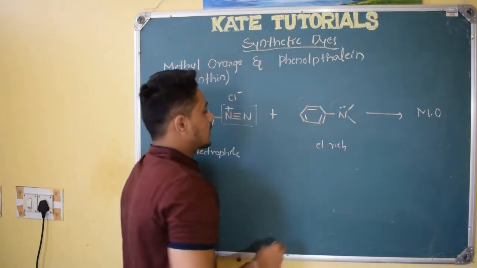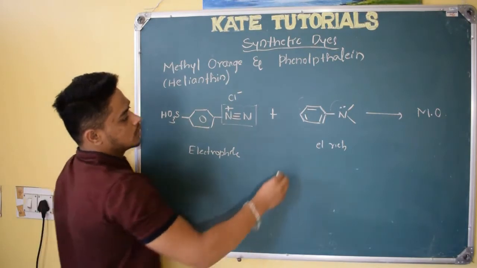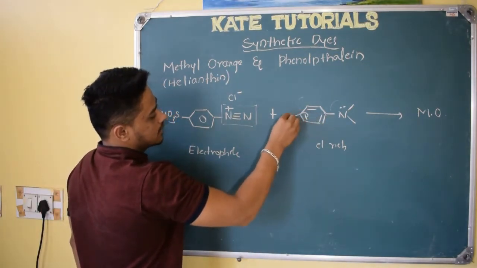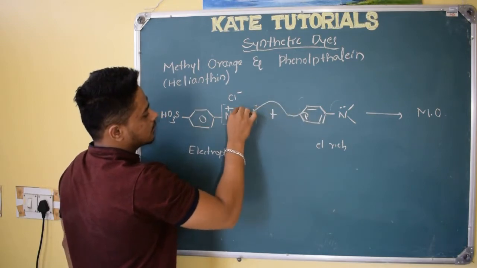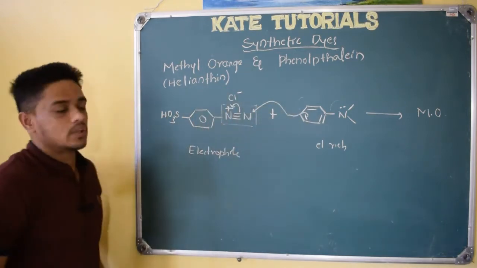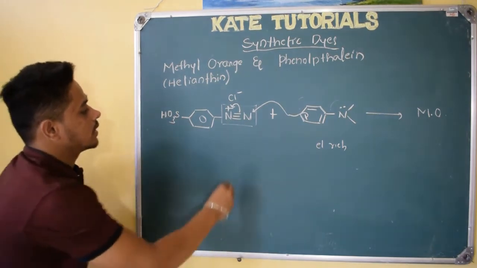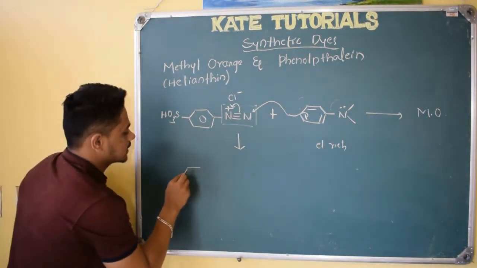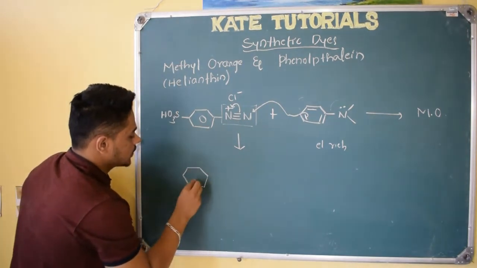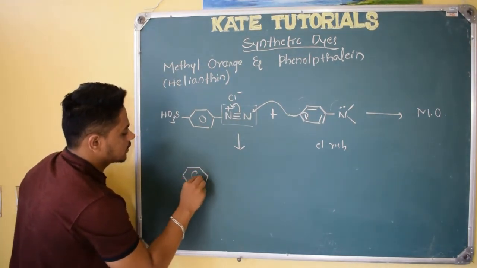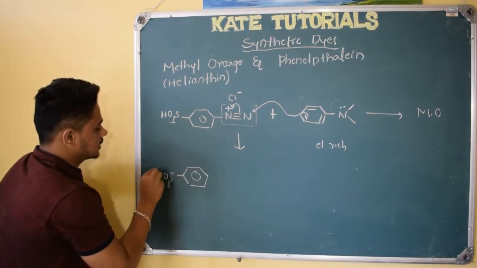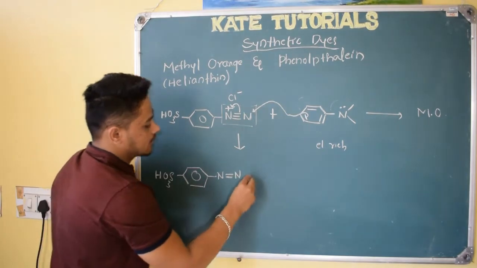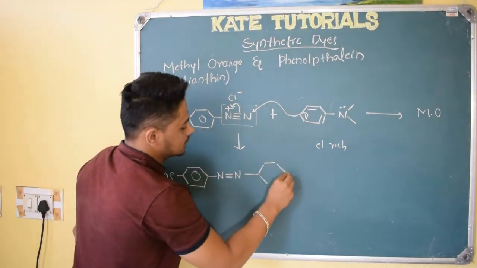Since it is electron deficient, from the pi bond it takes electron density through this carbon, and this pi bond shifts onto nitrogen, and nitrogen becomes neutral. So what I am doing is just an electrophilic substitution reaction. So what will we get? We will get this thing. SO3H, and here N, now it became double bond N, and here there is an attack like this.